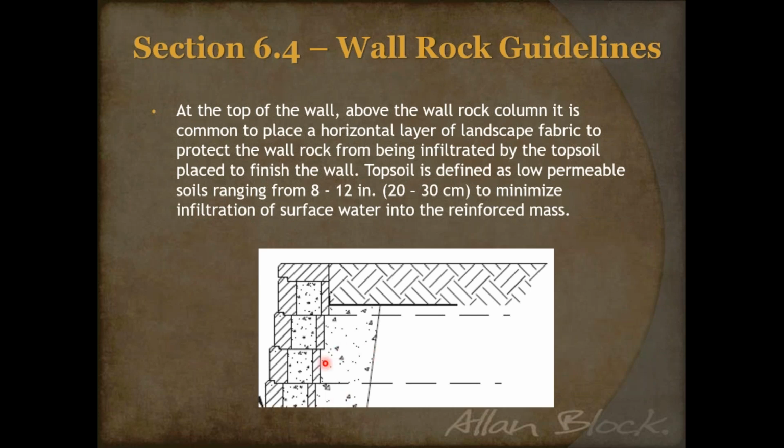You might go a little bit deeper based on the type of soils you have. But if we're using that wall rock and we're capping it with our topsoils, best practice is to lay a little fabric, about 3 feet, maybe 1 meter in length, just on top here, just to make sure that gravity doesn't take over and start bringing a lot of that topsoil into the top of it there.